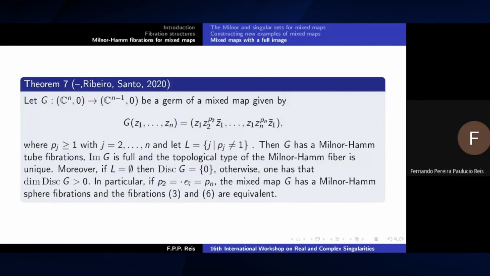In particular, if all p_j of the mixed map G are equal, the mixed map G has a Milnor-Hamm sphere fibration, and the fibrations 3 and 6 are equivalent.